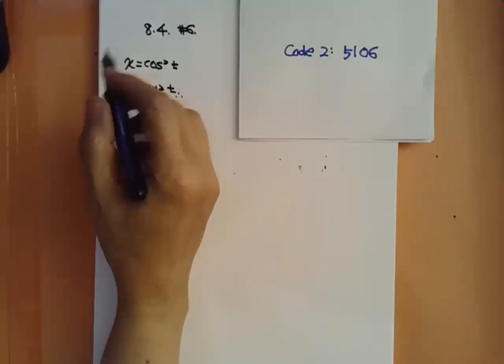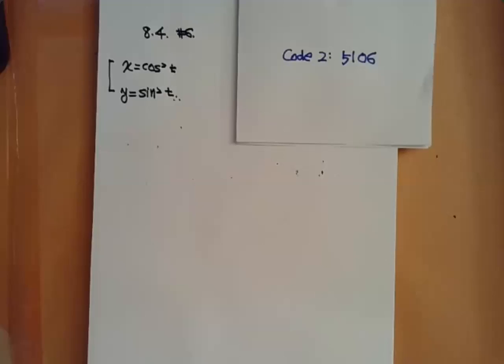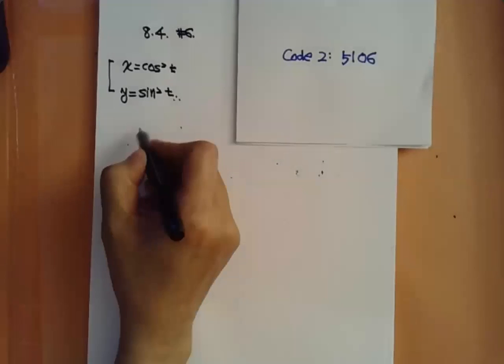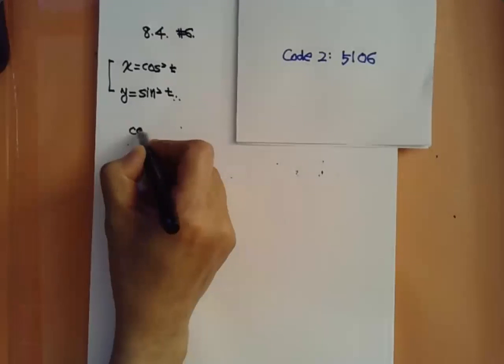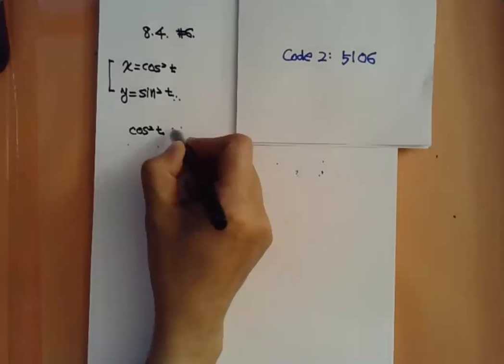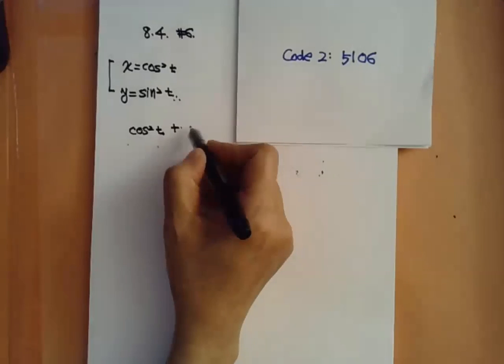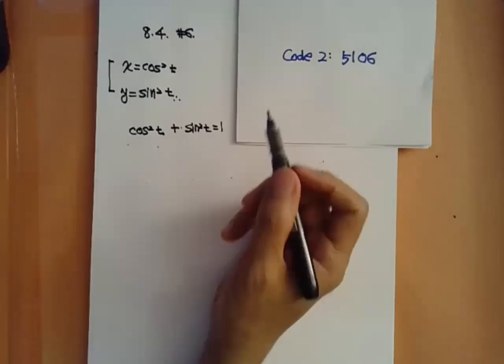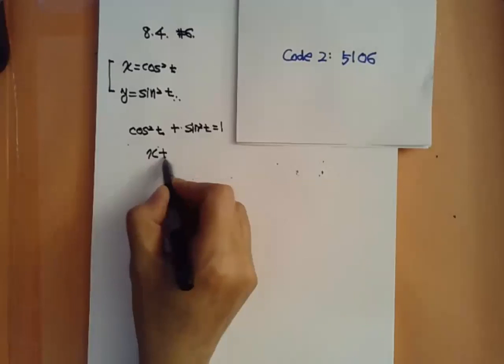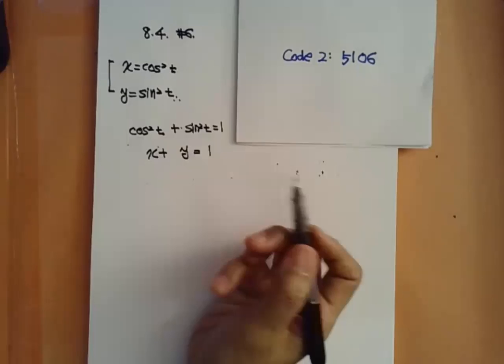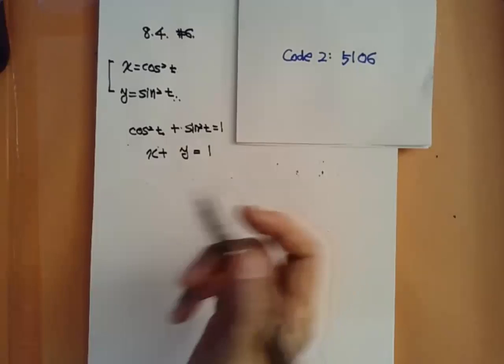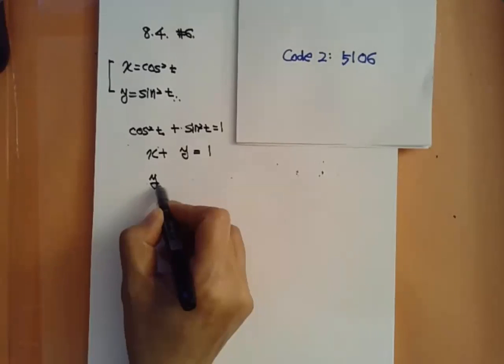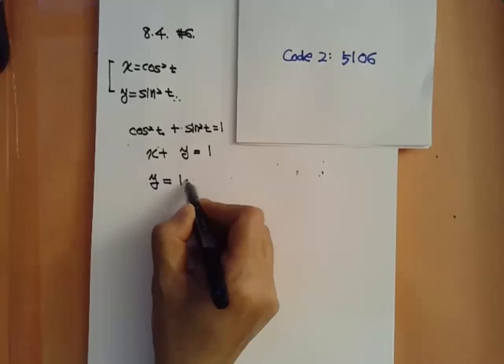This is the problem I did during the class hour. What I said was when we apply the Pythagorean formula, that goes like cosine squared plus sine squared equals 1. And so when we do substitution, it will induce the linear equation. So y equals 1 minus x.